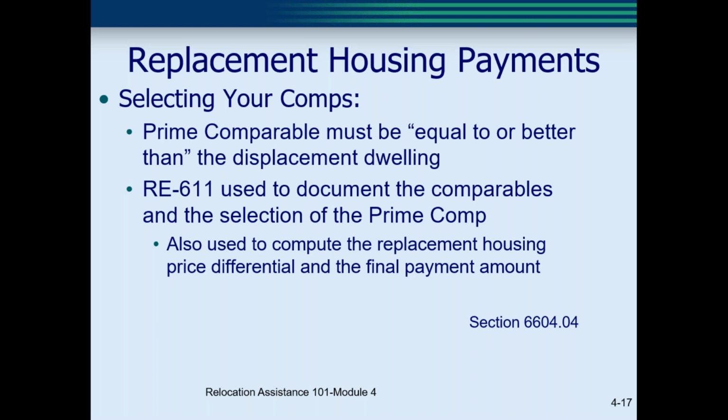And you have a copy of this RE 611. It was in your handouts today. The RE 611 is also used to compute the replacement housing payment price differential and the final payment amount. All the factors of comparability we discussed in this training are listed on the RE 611.